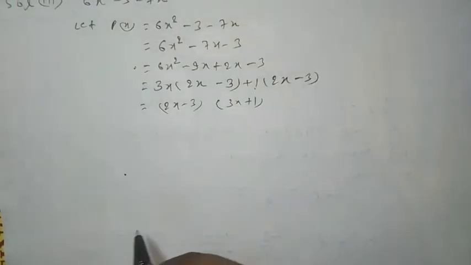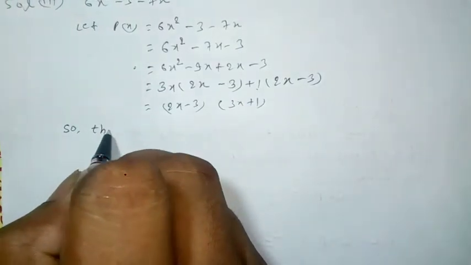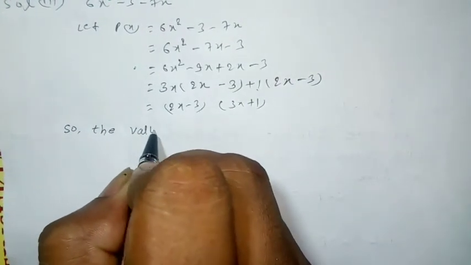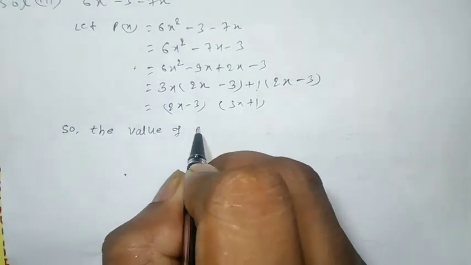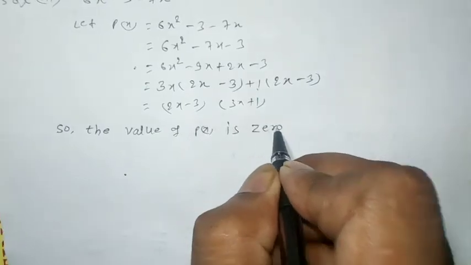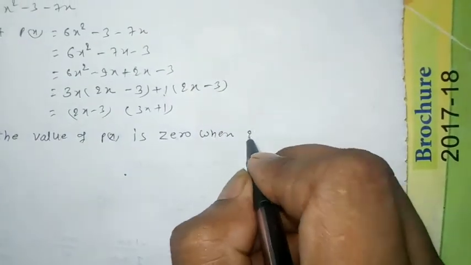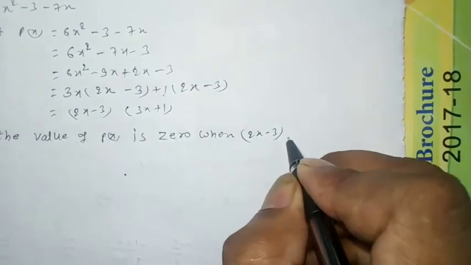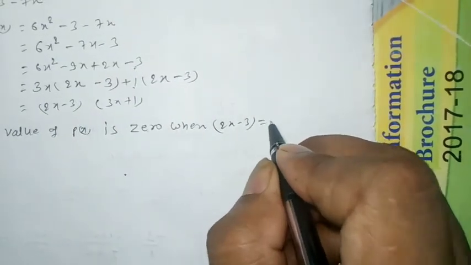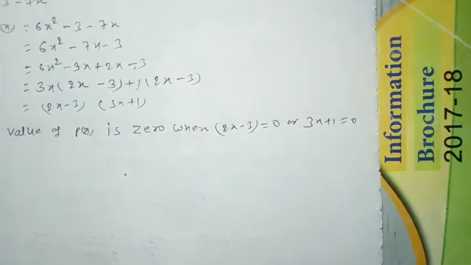So the value of P(x) is 0 when 2x minus 3 is equal to 0 or 3x plus 1 is equal to 0.